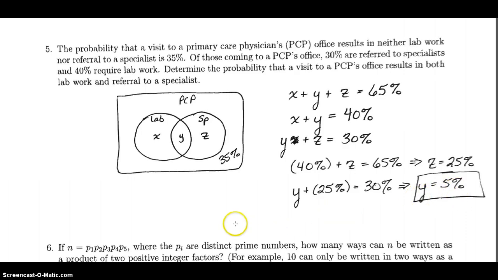So several different ways to do that. You could also say, well, x plus y is 40, and we know that's 65 for the total, so this is 25. But then we know that the total of this is 30, and if this is 25, this has to make up the other 5%.